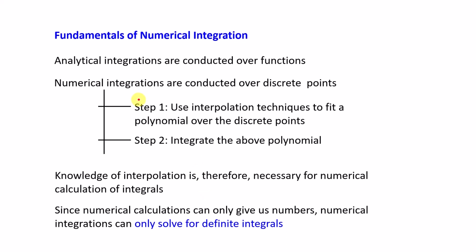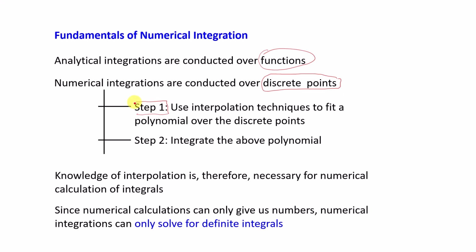As we go from analytical to numerical integration, there are certain fundamental differences that we have to understand. Analytical integrations are conducted over functions, but numerical integration we will conduct over discrete points. So how do you integrate discrete points? It's a two-step process.